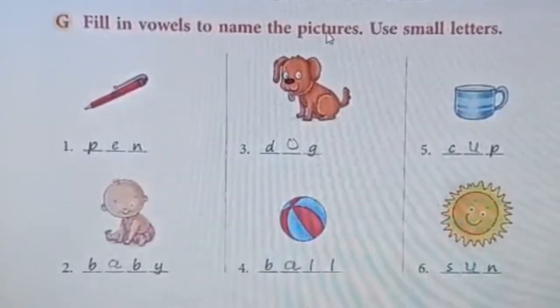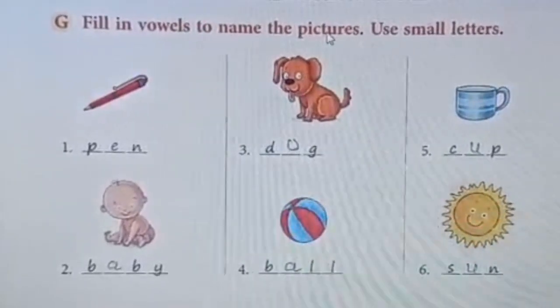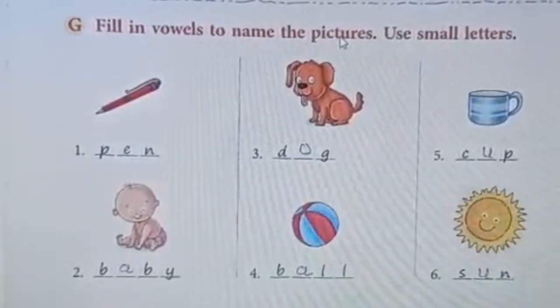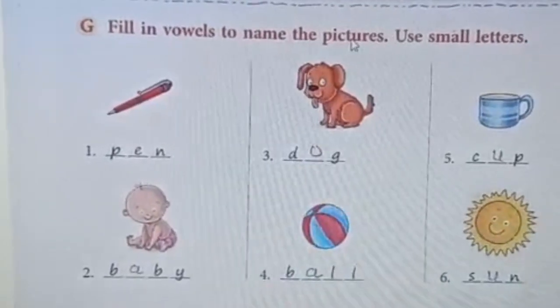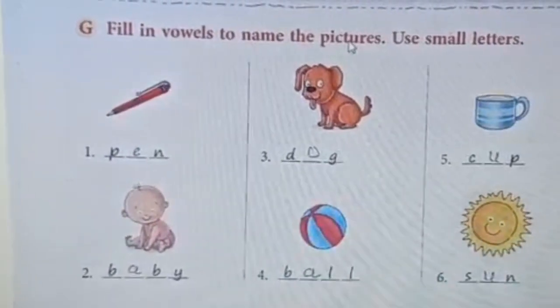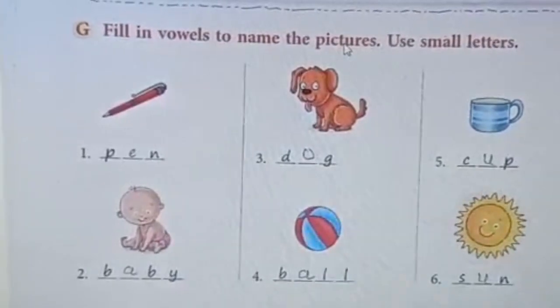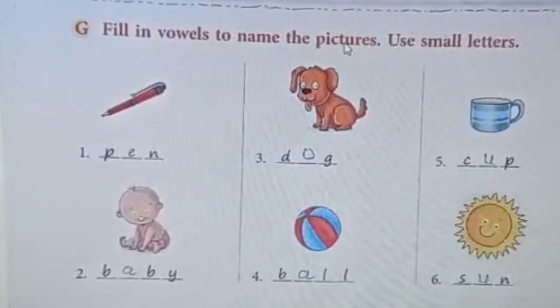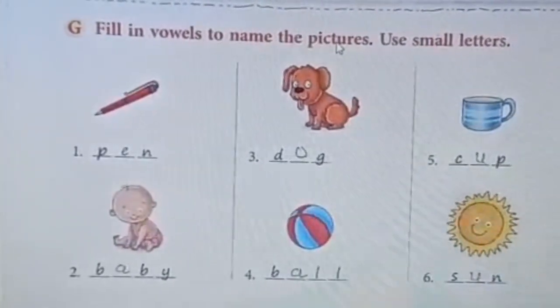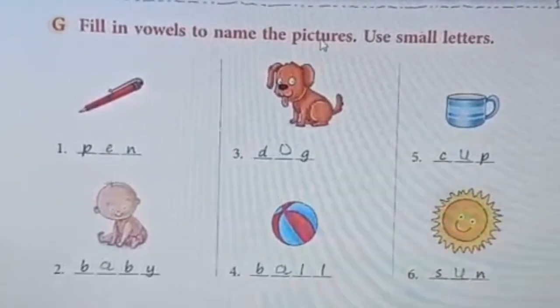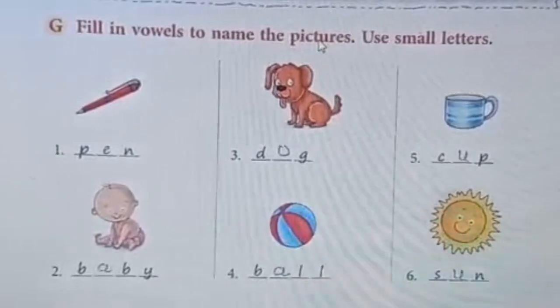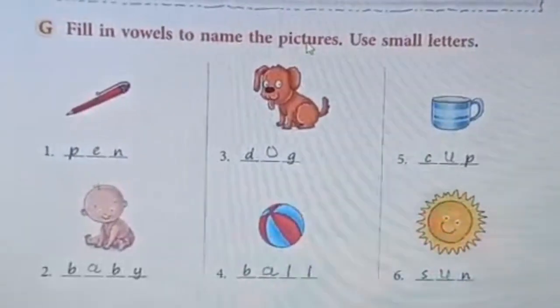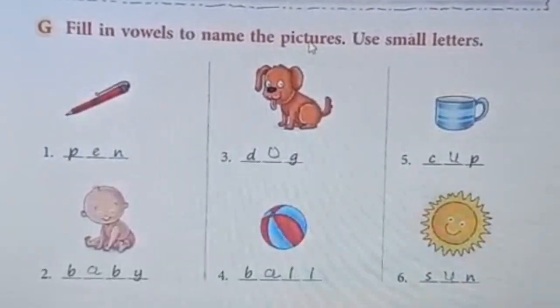O is vowel. 4, B-A-L-L, ball. So the second letter A is vowel. The number 5, C-U-P, cup. Here U is a vowel. Number 6, S-U-N, sun. U is a vowel.